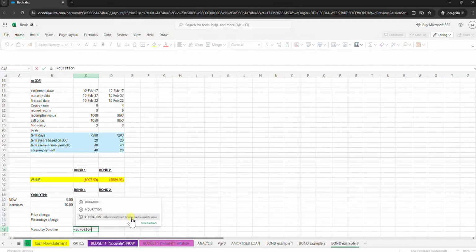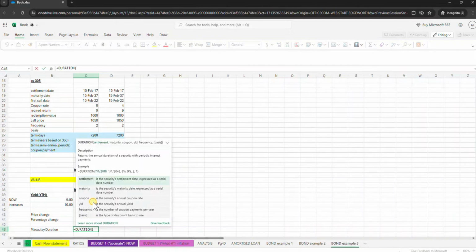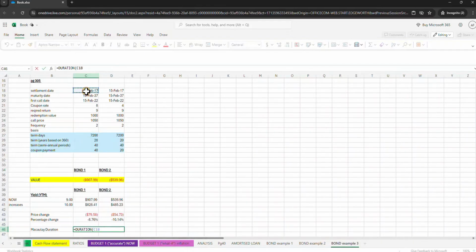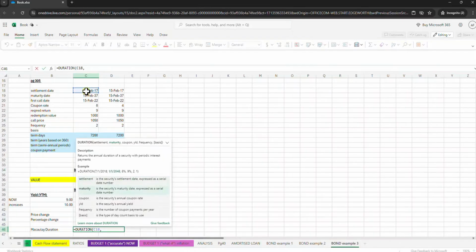Returns investment time to reach, no, okay, so we're just going to use this one, the first duration, not the modified Macaulay's duration. Does that make sense? Okay, so we're going to use normal duration. The settlement expressed as a serial date. So our settlement date was here. Our maturity date was here.